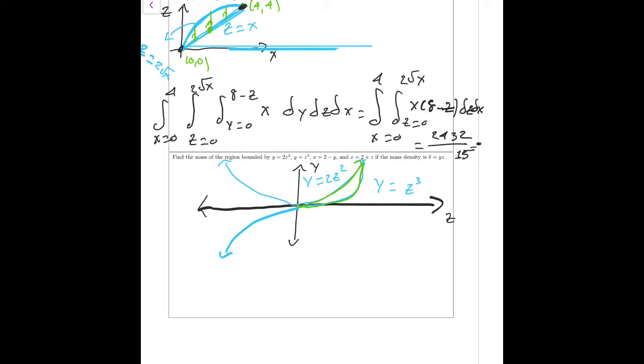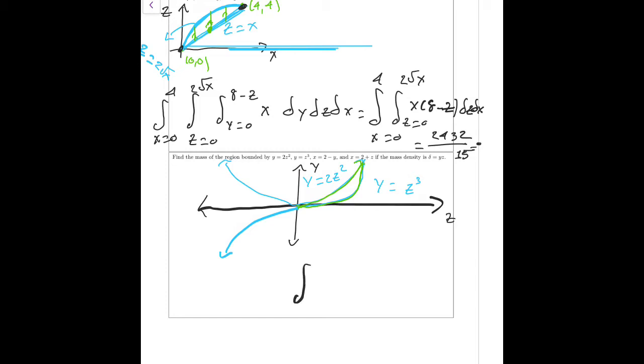And the positive x-axis is going into the screen, and the negative x-axis is coming out of the screen. And what are the limits for x? Well, x will go from the plane x equals 2 minus y to the plane 2 plus z. So in this problem, it's best to have the x integral be on the inside.